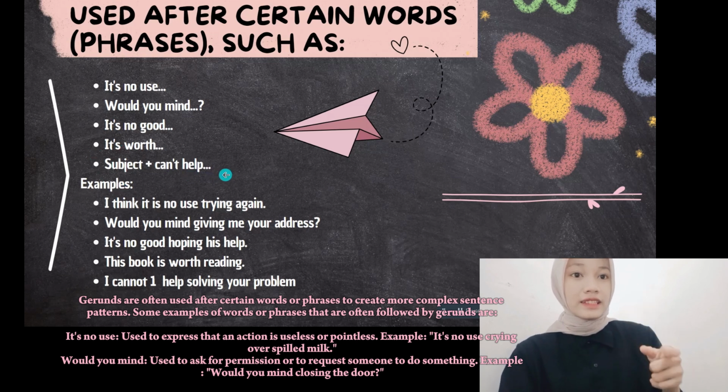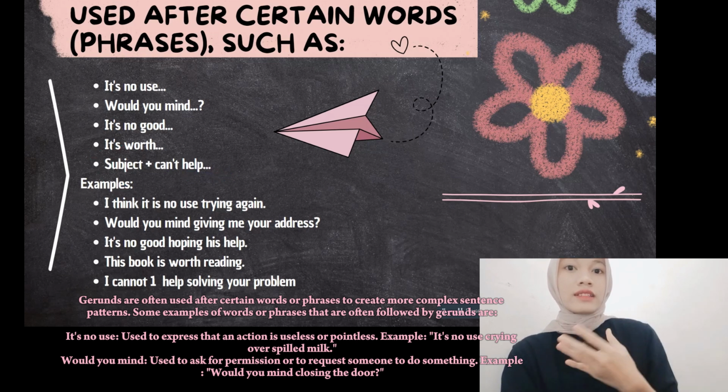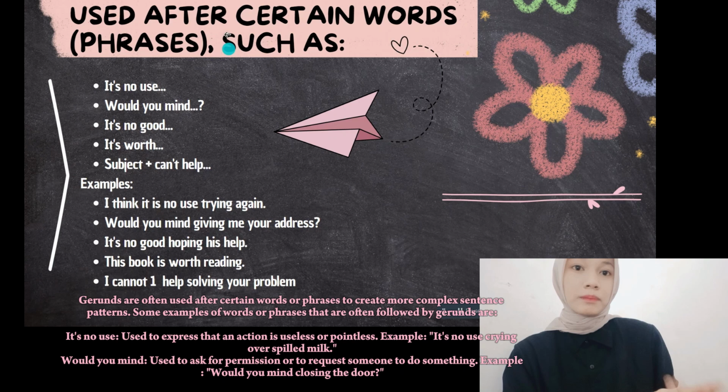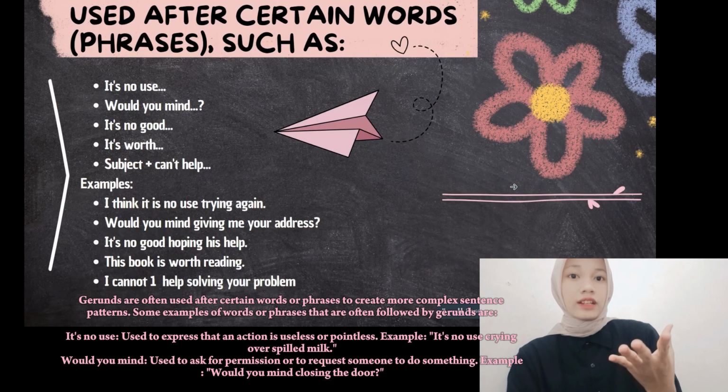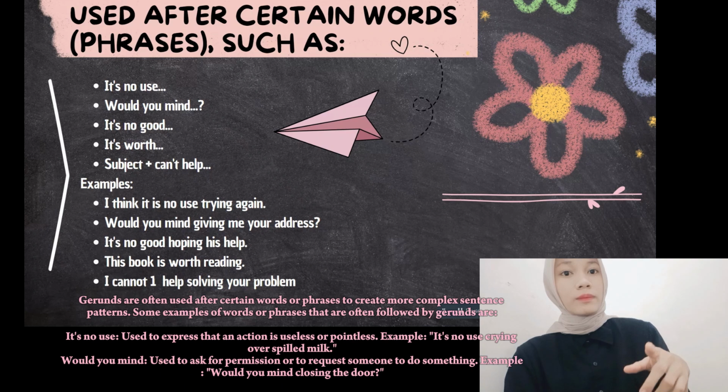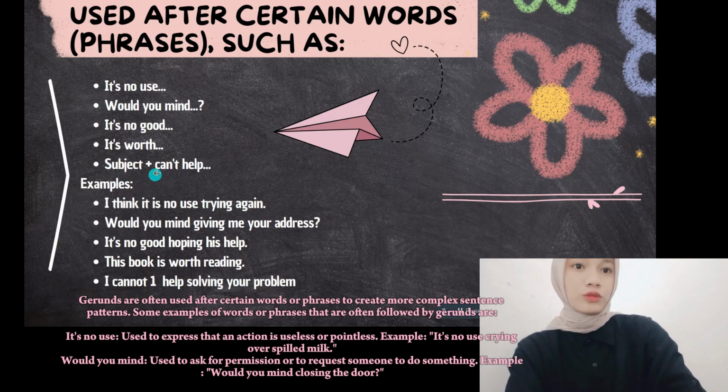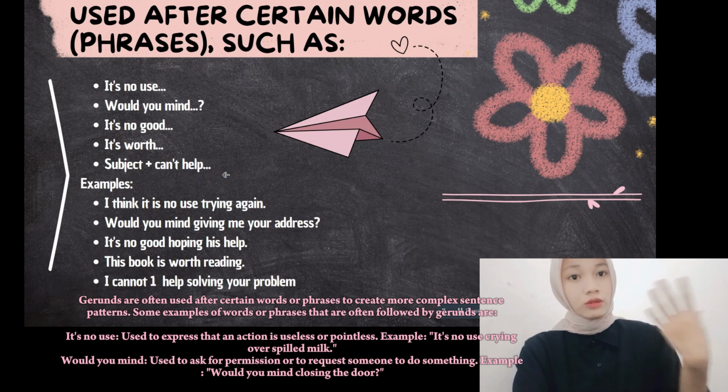Example: it's no use crying over spilled milk. 2. Would you mind? Used to ask for permission or to request someone to do something. Example: would you mind closing the door?